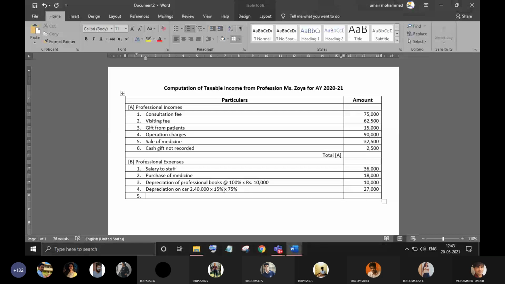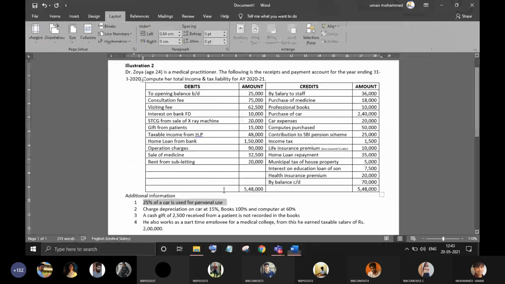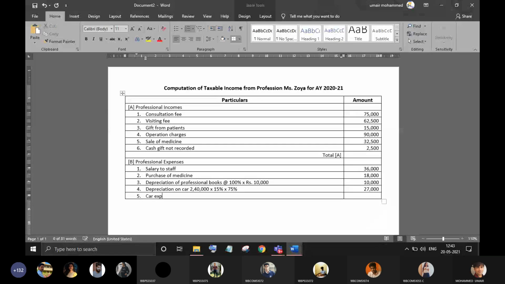Next comes car expense. Again, car expense will be allowed in the proportion of usage towards profession, 75%. So 25,000 into 75%. Next, we have computer purchase.